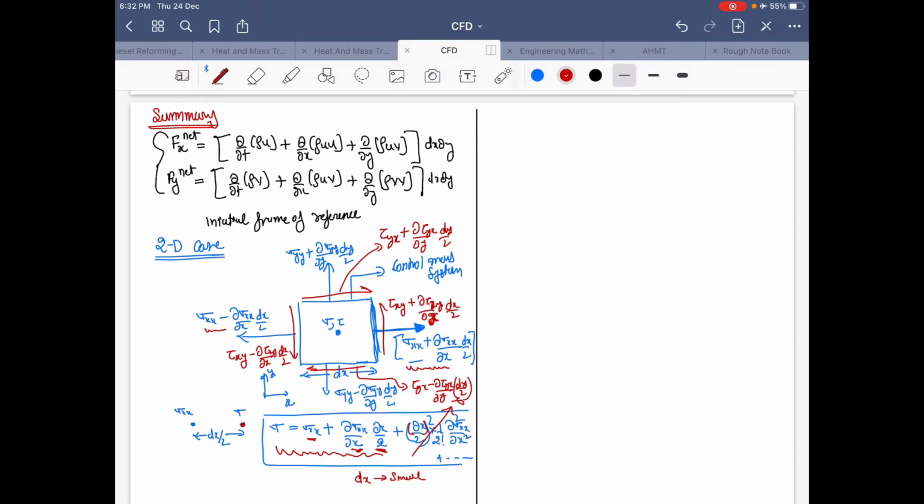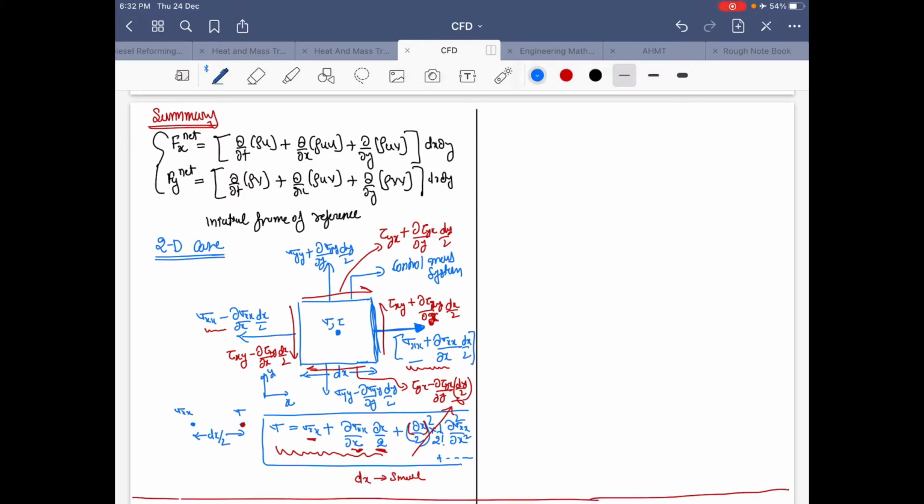So these are the forces that are going to act on my control mass system, first due to the stresses normal to the surface and second due to the shear stresses. So let's first concentrate on the forces acting in the x direction.